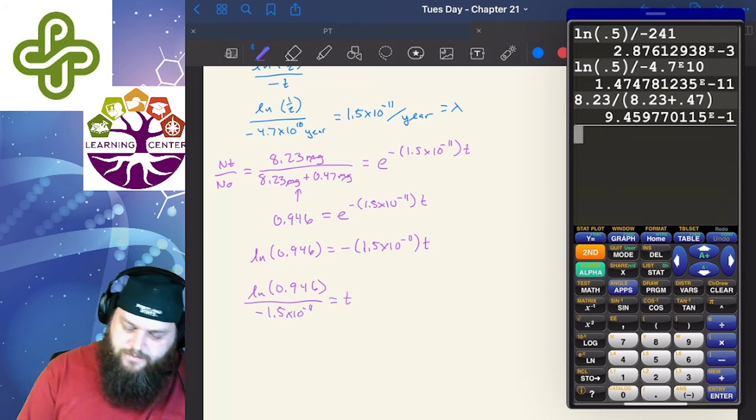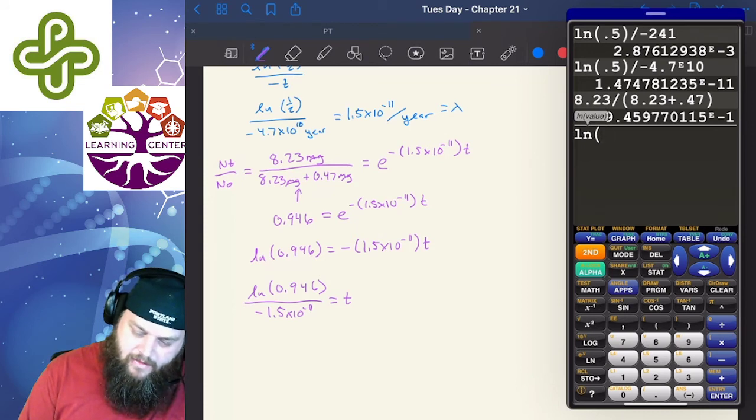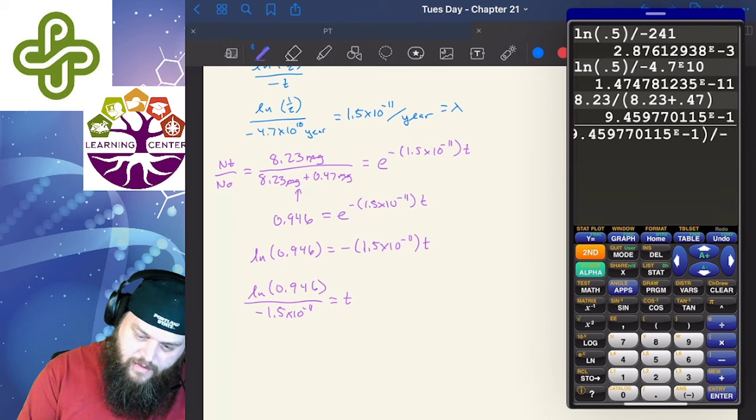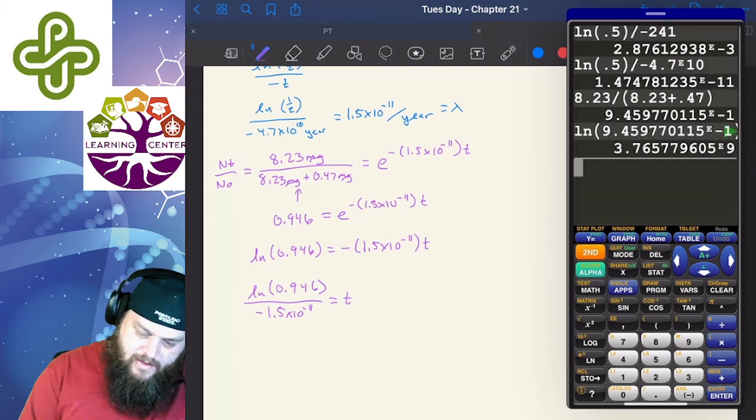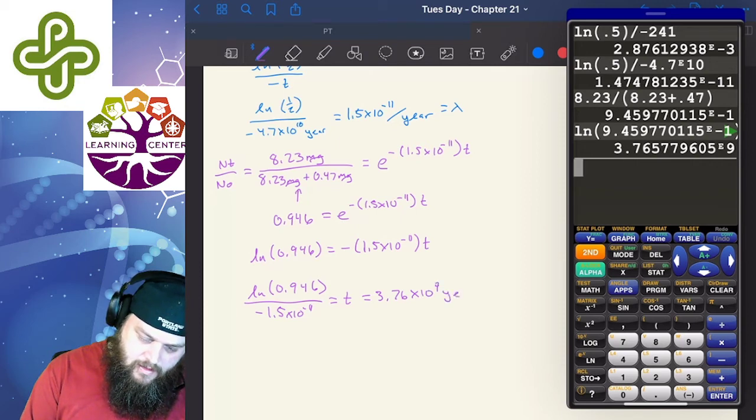Plugging that into our calculator, let's take the natural log of 0.946, divide that by negative 1.5 times 10 to the negative 11, which gives us 3.76 times 10 to the 9 years.